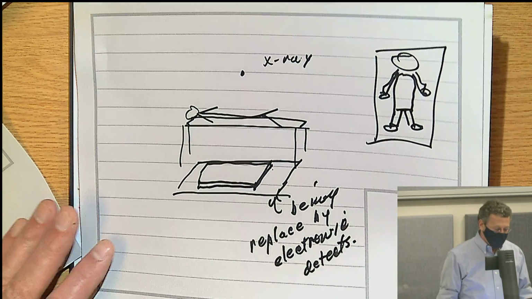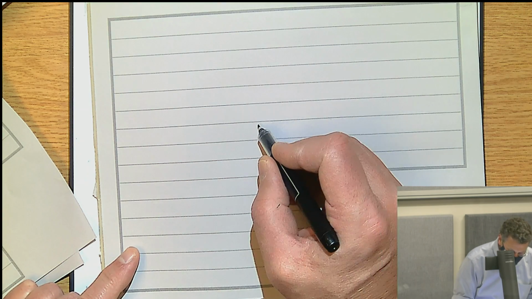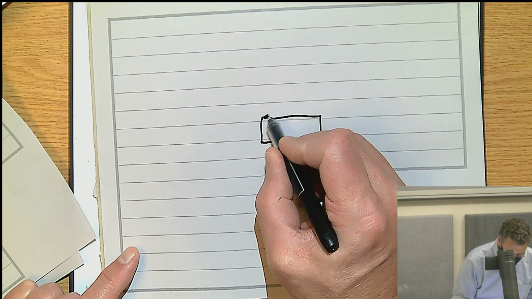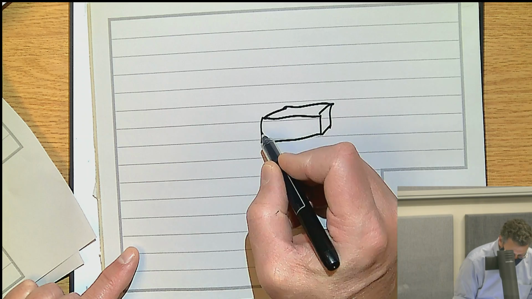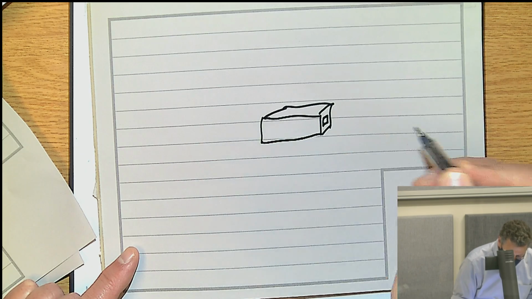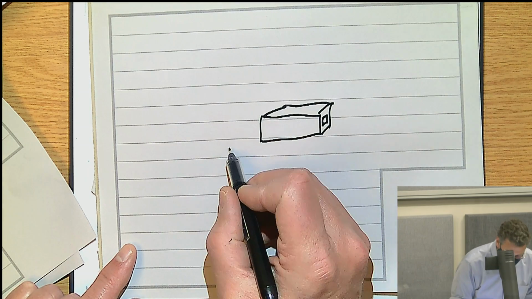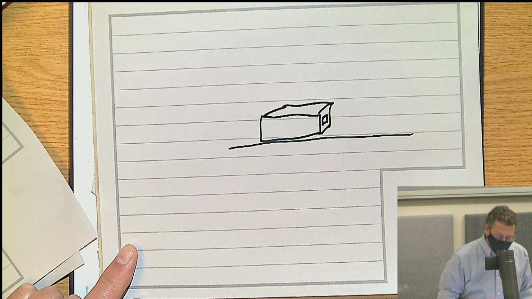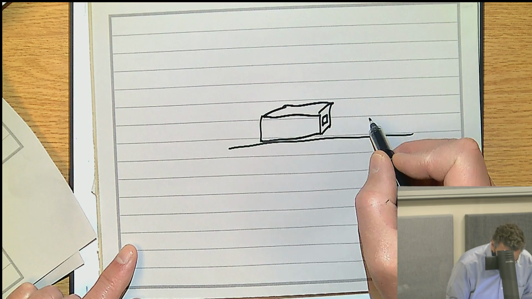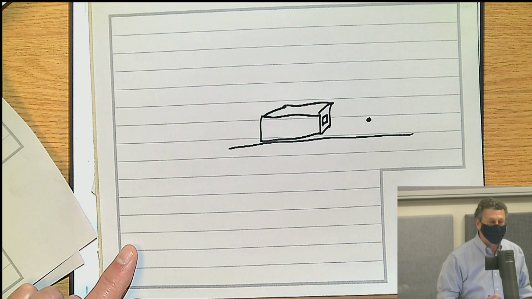But my point is that they have some scanners which are called multi-view, okay? So you have the bag going through here. Okay. That's your suitcase. And it's on a conveyor belt, okay? And then they'll have like a single X-ray source, because this X-ray source is expensive.